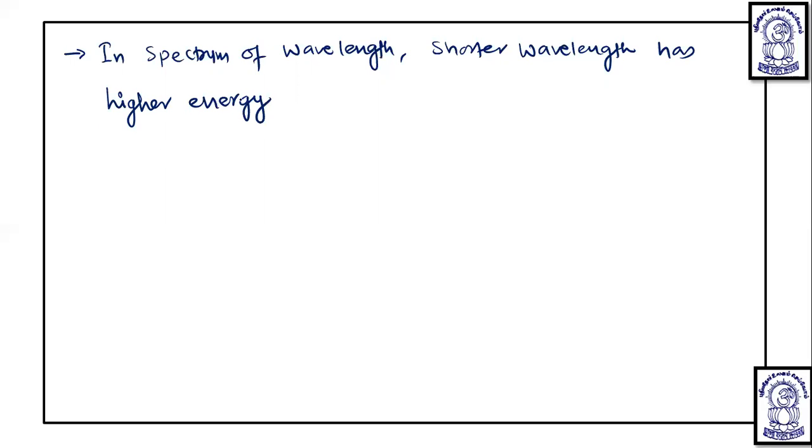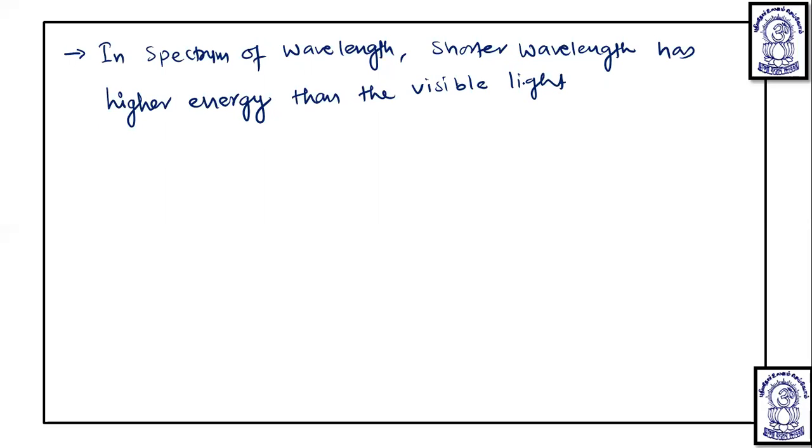Shorter wavelengths than visible light, that is, lower than the 400 to 700 nanometer wavelength of light, have a high energy.